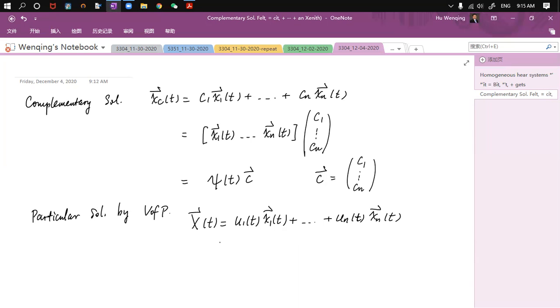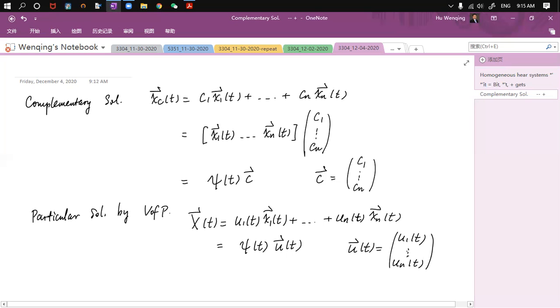So this can actually be written as psi of t multiplied by a vector u of t, where the vector u of t is equal to u1 of t up to un of t. So that's going to be the particular solution by variation of parameters.